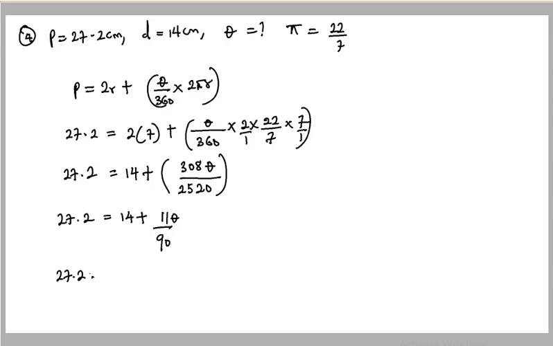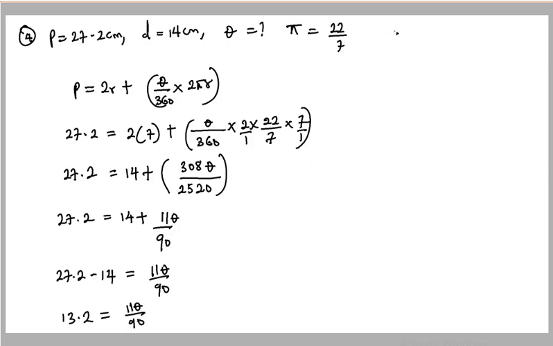When it comes to the left, it becomes negative. 27.2 minus 14 is 13.2. We have 13.2 equal to 11 theta over 90.